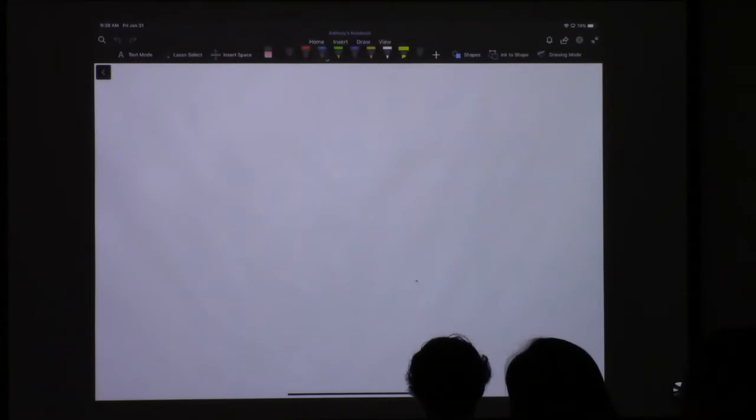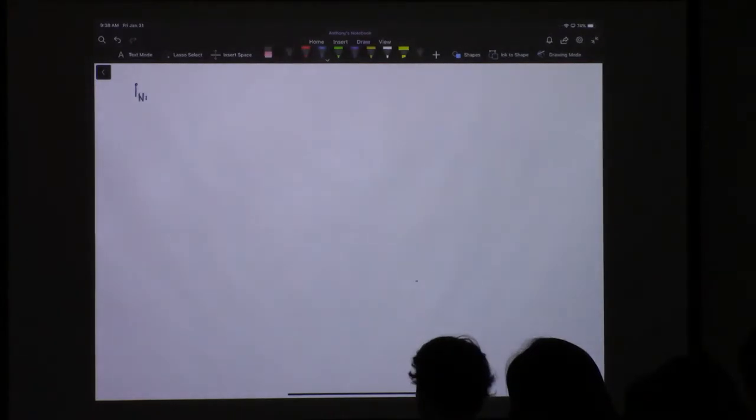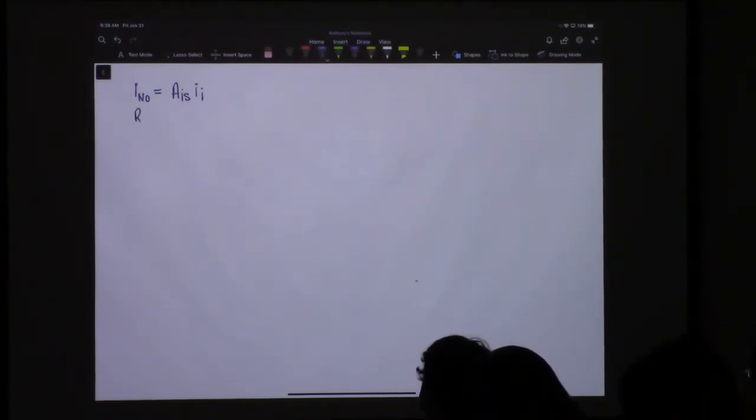So we know that our I Norton is equal to AIS times II, right? That is the output current for the Norton source. The Norton resistance is called R0.